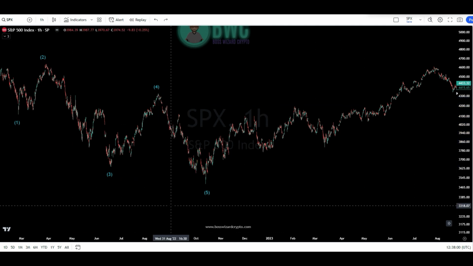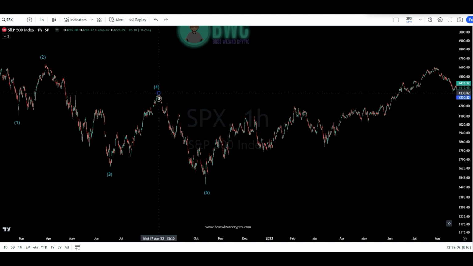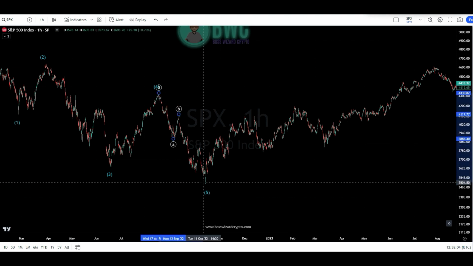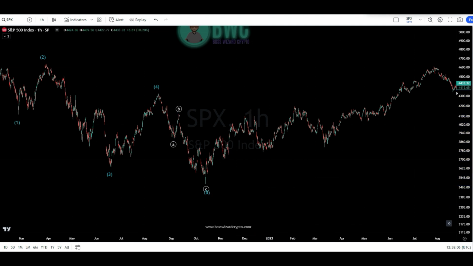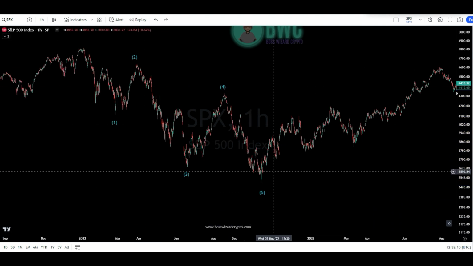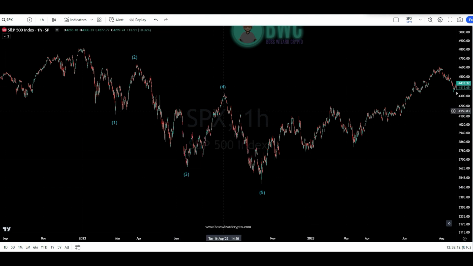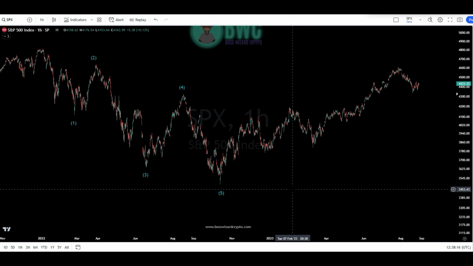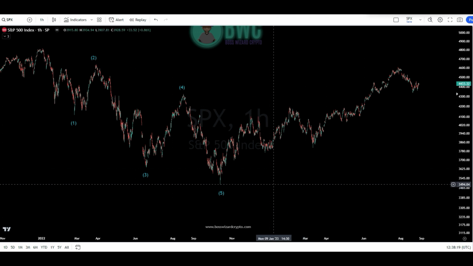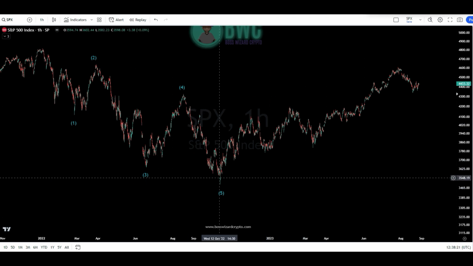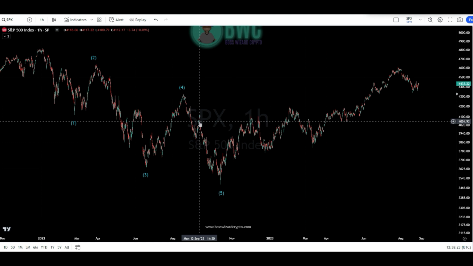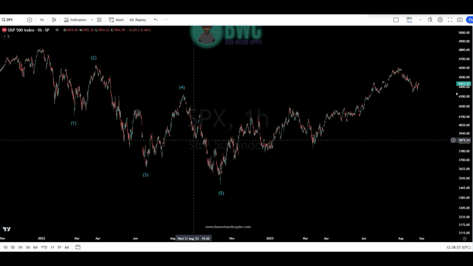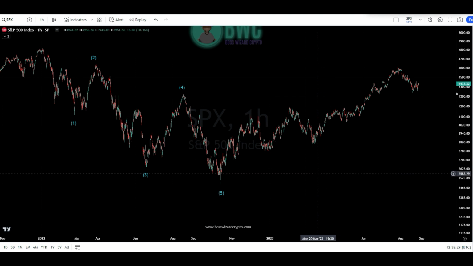Therefore, it's a zigzag, A, B, C. That's my general guideline and my rule of thumb. Not to say if somebody labeled that as an impulse, it's invalid. It's not. I just think it's more probable that it's a zigzag for that reason. I can isolate that impulse, and that's the method I use to count probabilities.